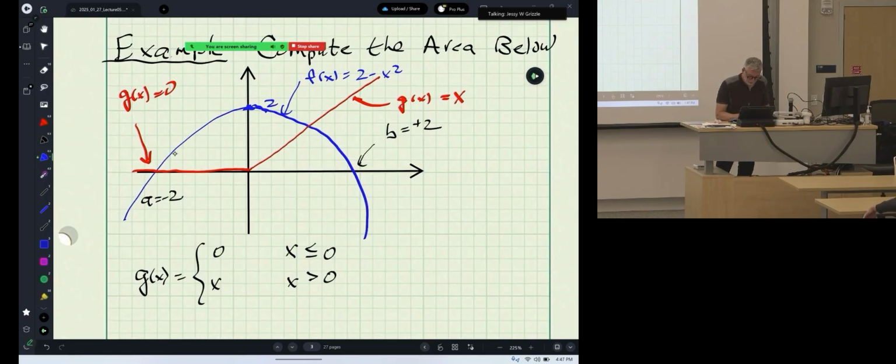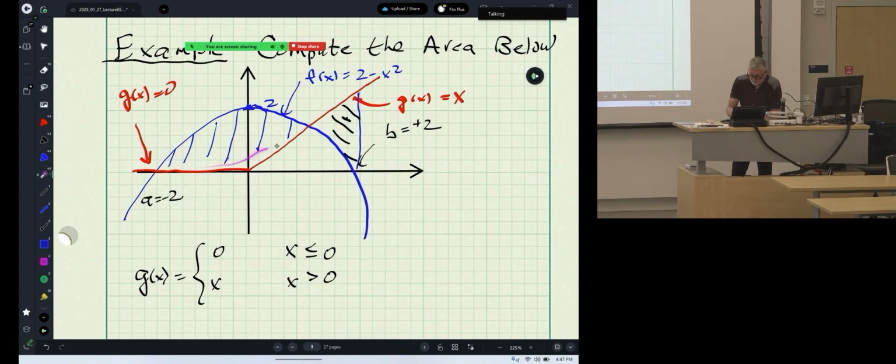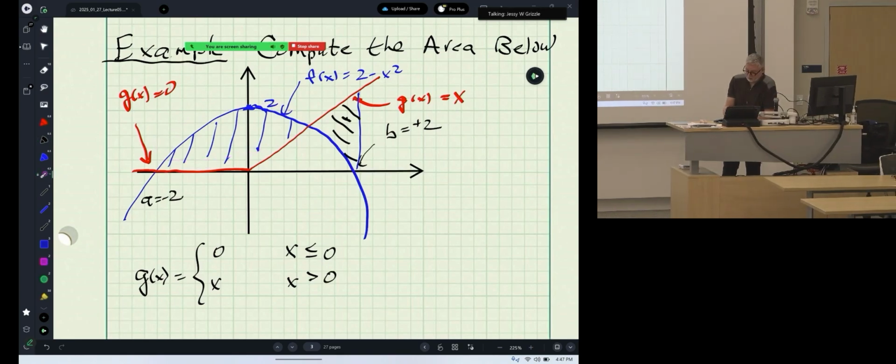So the area we want to compute is this area. And then okay, so we'll have positive area here where f is bigger than g, and negative area here where g is bigger than f.